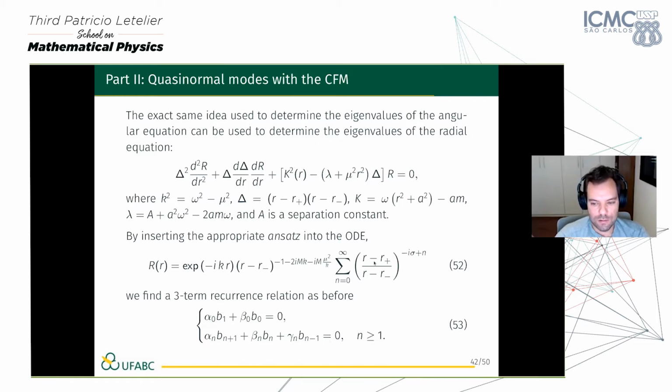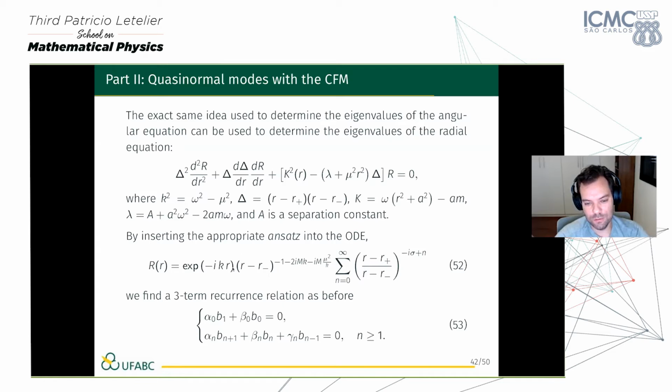Just one quick comment. When you make this expansion here, where you see the outgoing behavior, there's this r minus r minus, where r minus is the Cauchy horizon.